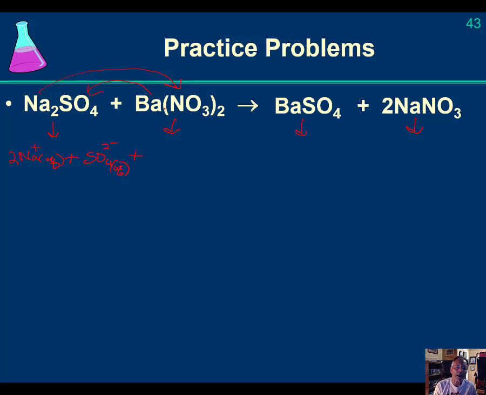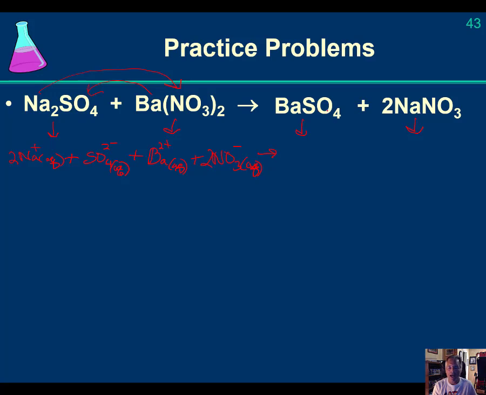And then we have barium nitrate. It's a soluble salt because all nitrates are soluble. So there's barium 2+ ion, aqueous. And then you have 2 nitrate ions, 2NO3- aqueous. Barium sulfate is not a soluble, strong electrolyte.